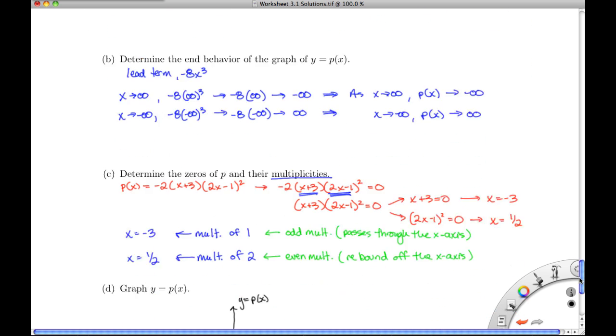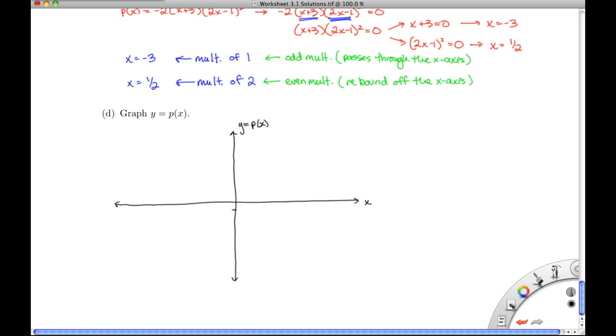We've got our y-intercept at negative 6. So 1, 2, 3, 4, 5, 6. So here's negative 6. We've got a 0 at negative 3, and then we've got a 0 at 1/2, which would be right here.